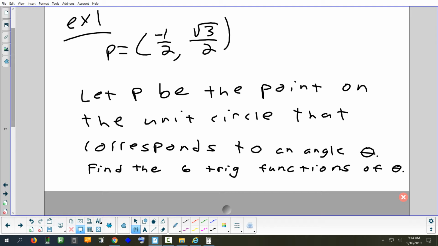I don't need to know your name to look at you and say what color shirt you're wearing, what color eyes you have, how tall you are. I can describe things about you without knowing your name. Well, you can describe the trig functions of this angle without ever knowing how big it is. It's the same idea. You don't need to know that to describe it.